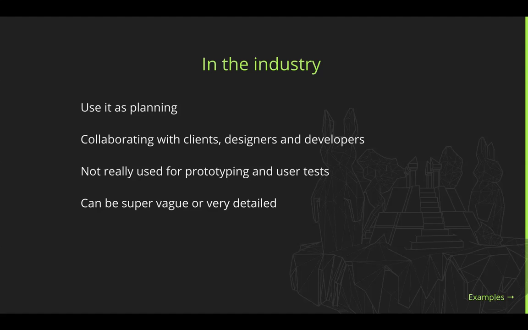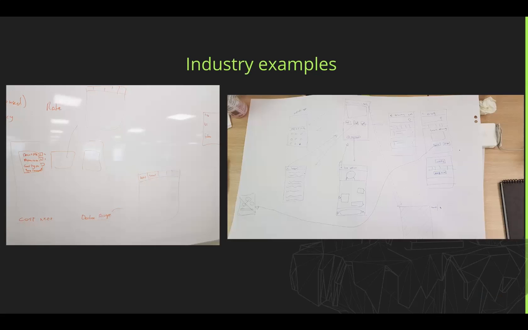So in the industry, it can be from super vague to super detailed. Here are some examples of very vague prototyping, just planning things out, just some general ideas on what we think we want to do.